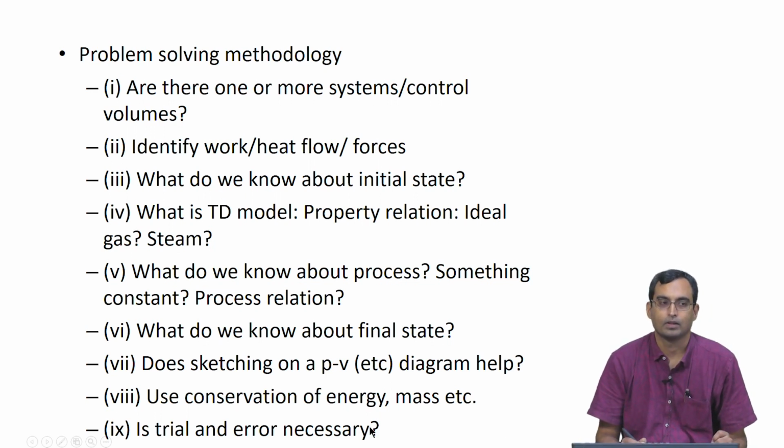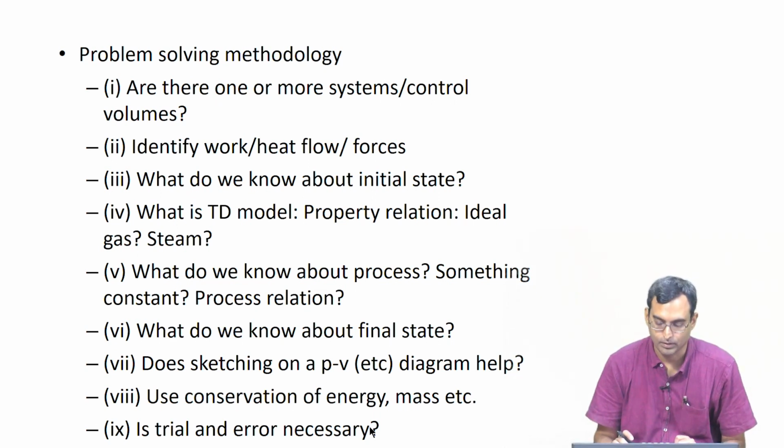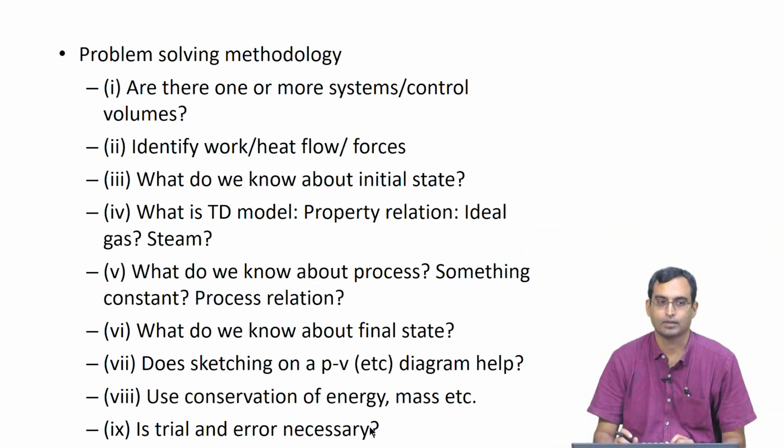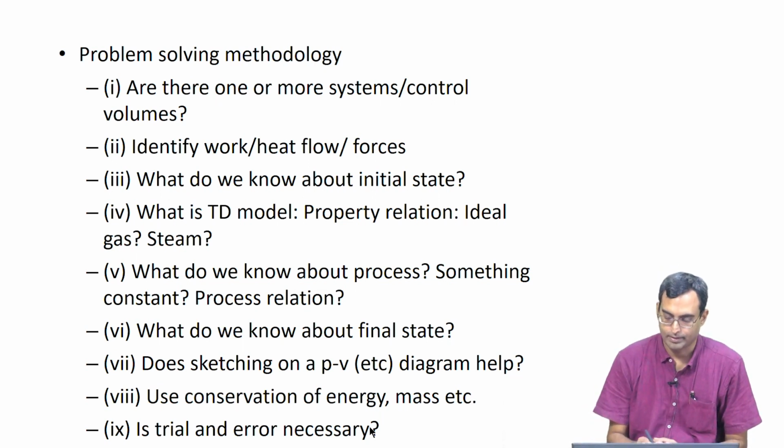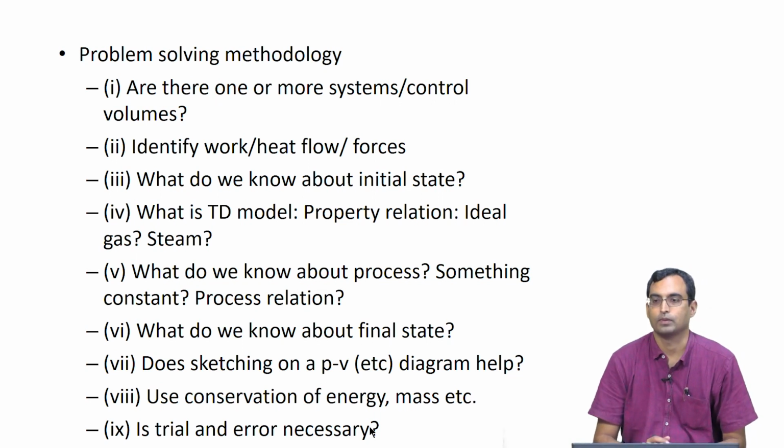We will maybe look at one or two examples of this sometime during the course. The problems which we will look at will have closed form solutions, so this may not be necessary. But if we go towards real world problems, we may not have analytical expressions which we can solve easily, and then of course we would do iteration and trial and error to find solutions.